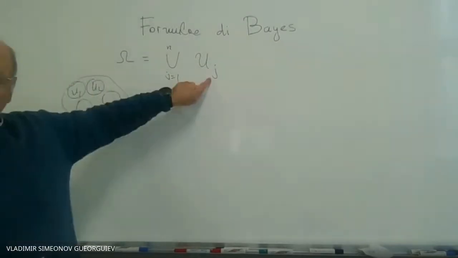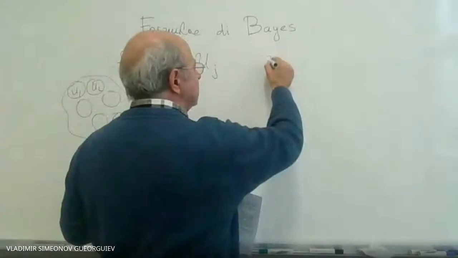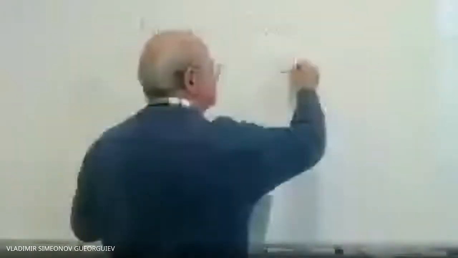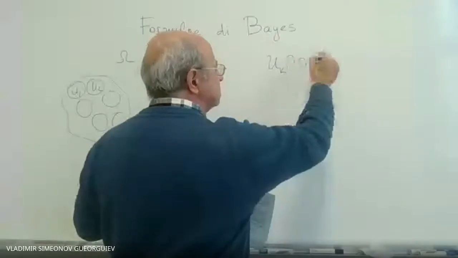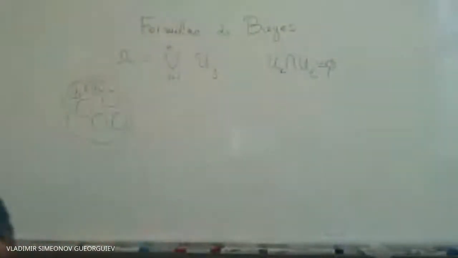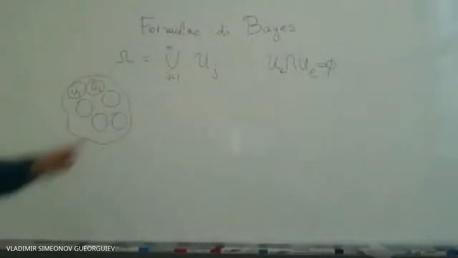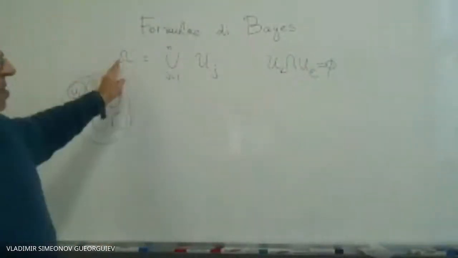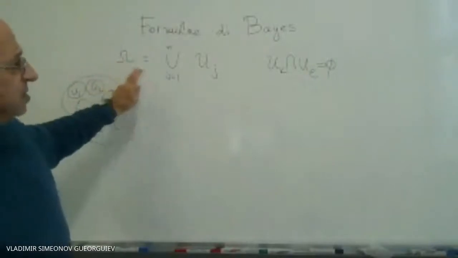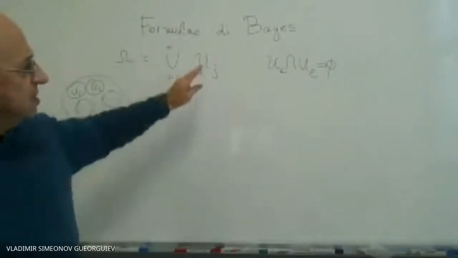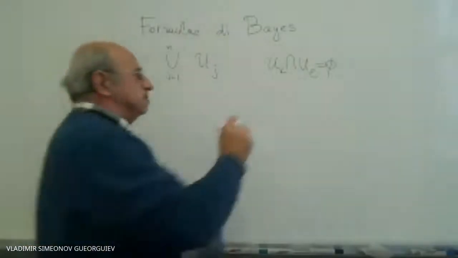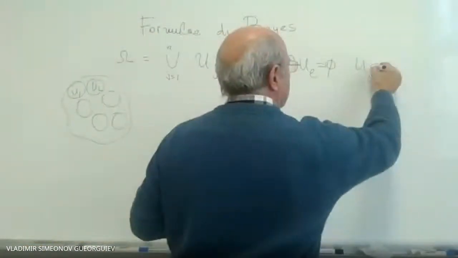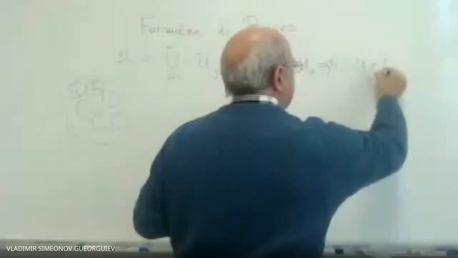What does it mean? This means if you take Uk and Ul, the intersection is always the empty set when k is different from l. And therefore all our probability space is decomposed into such sets that of course belong to our algebra associated with omega.